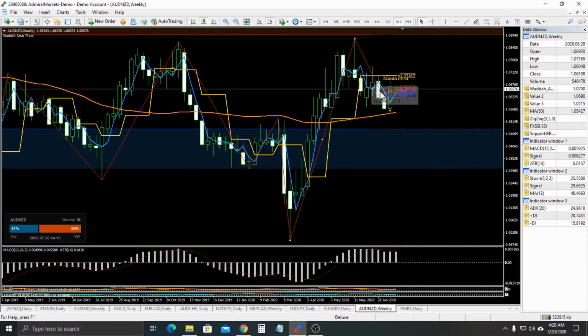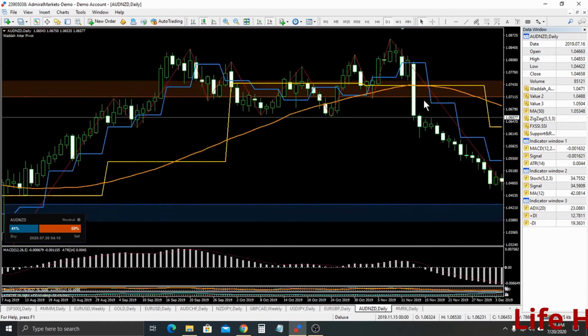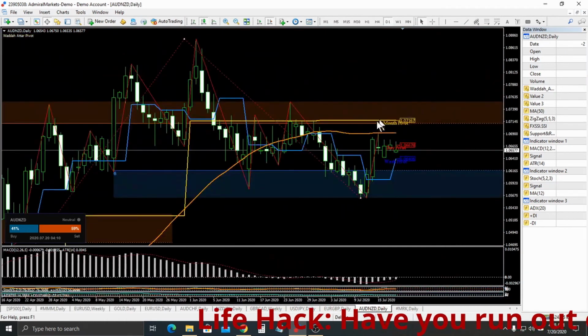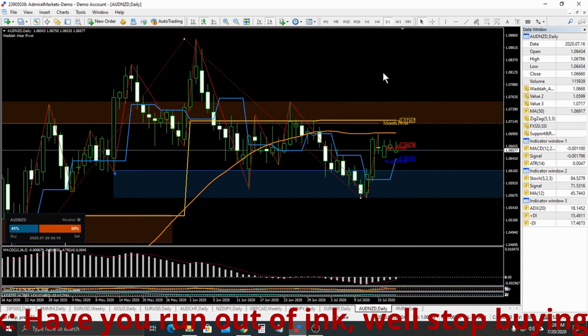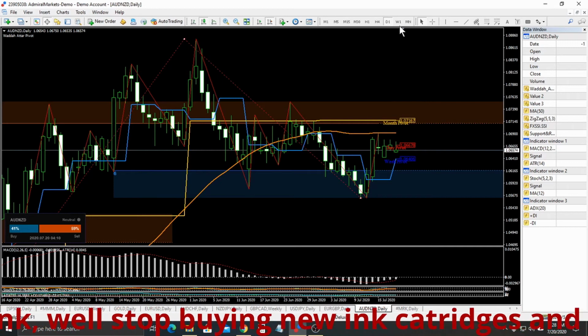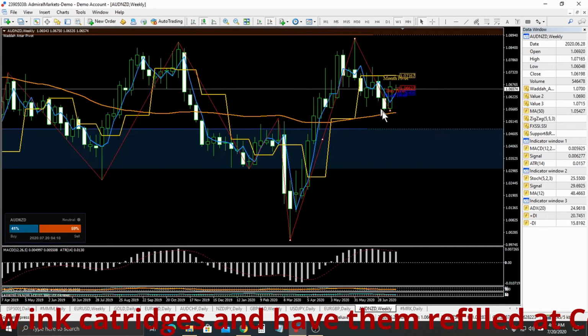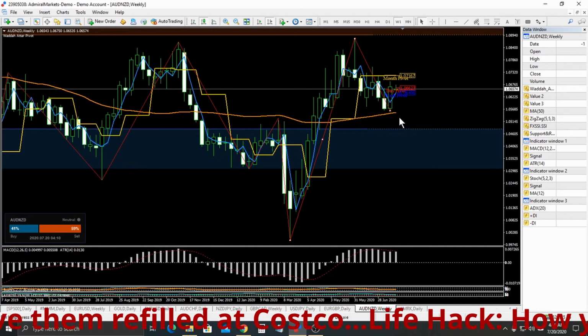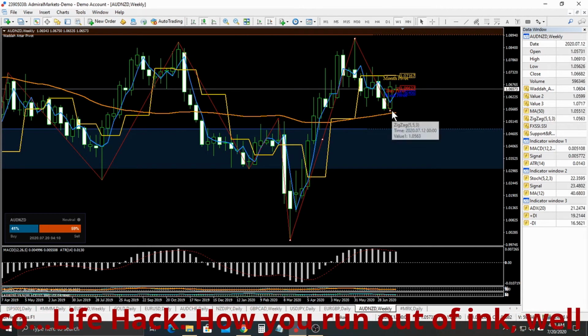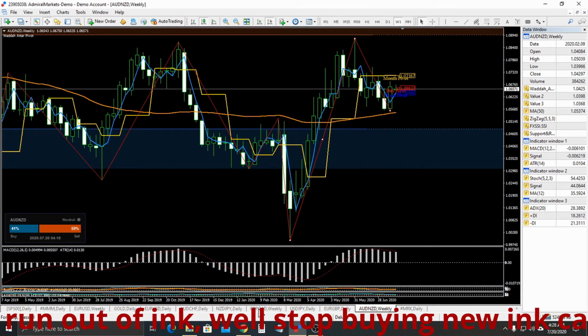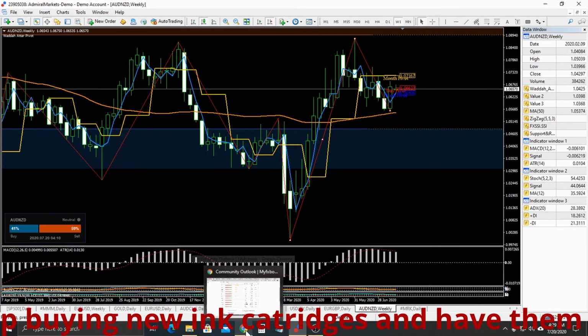This is setting up to say that this is going to go long. So you have two opposing positions, one on the daily time frame that says it's going to go short, and one on the weekly time frame that says it's going to go long. So how do I choose which way to go? Alright, I'm going to show you.